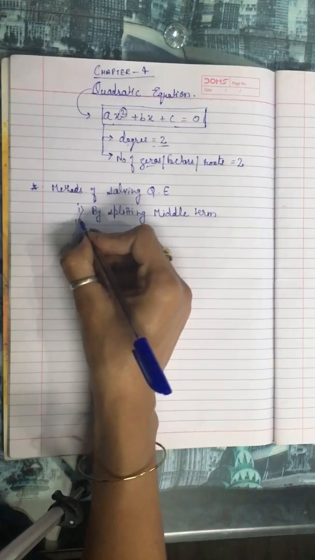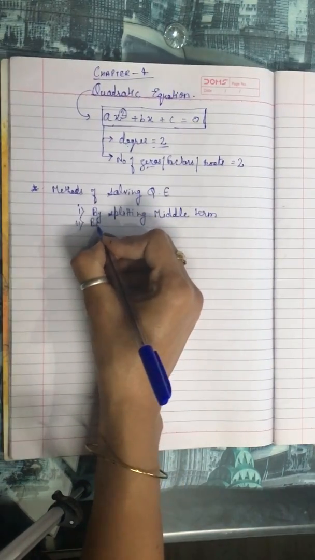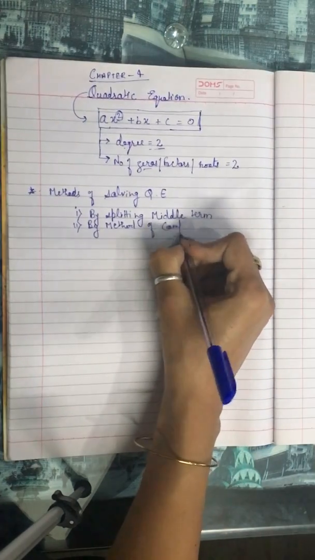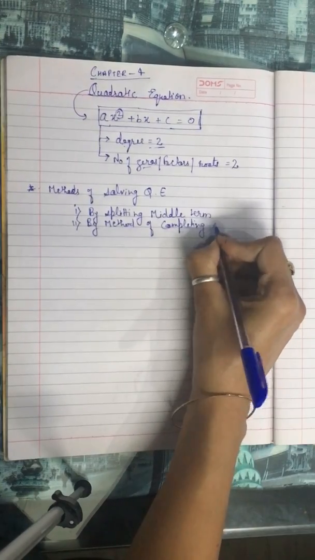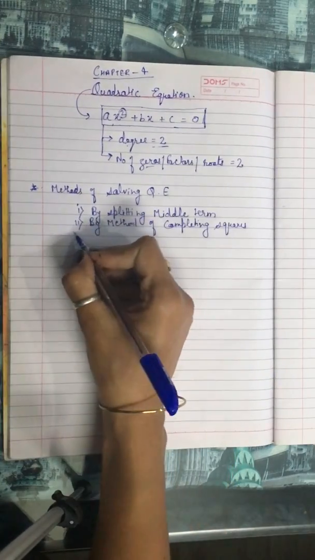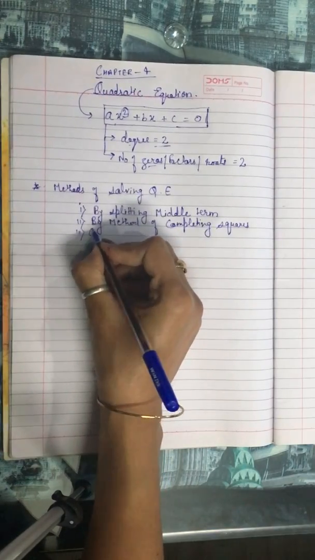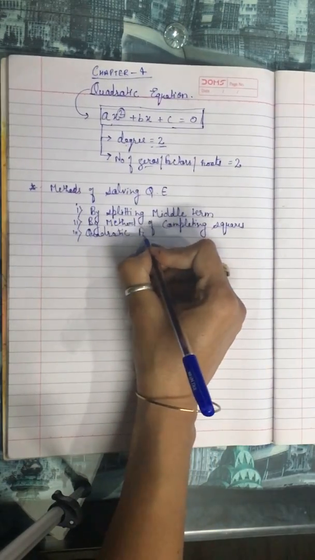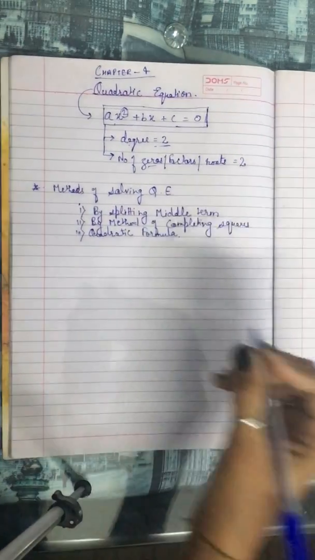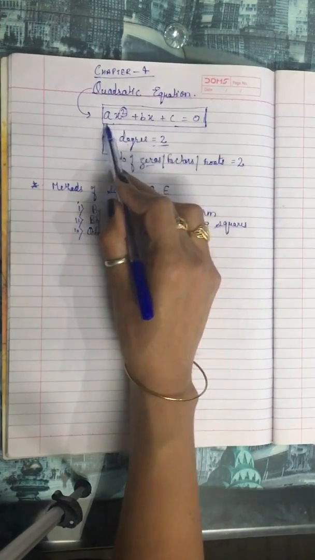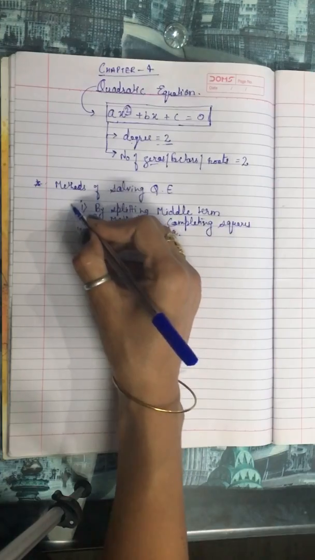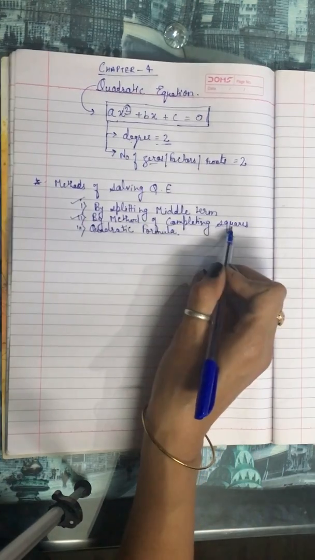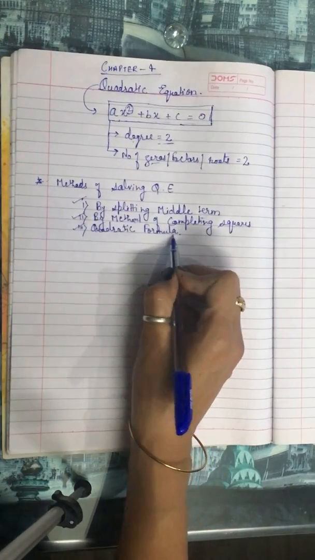The second one is the method of completing squares. And the third method is the quadratic formula. So you can solve a given quadratic equation using these three methods.